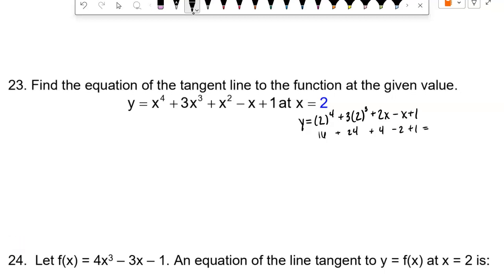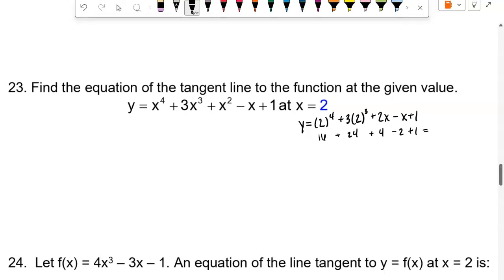So here, we've got 16 plus 24, so now we're at 44 minus 1, 42 plus 1, 43. From here, we can figure out what the slope is.